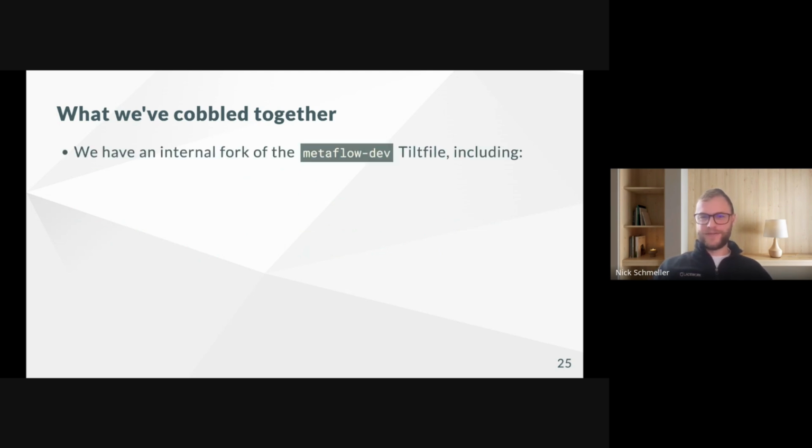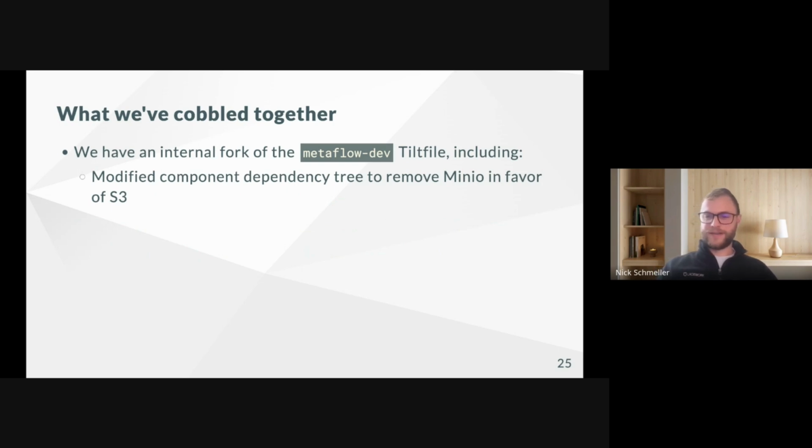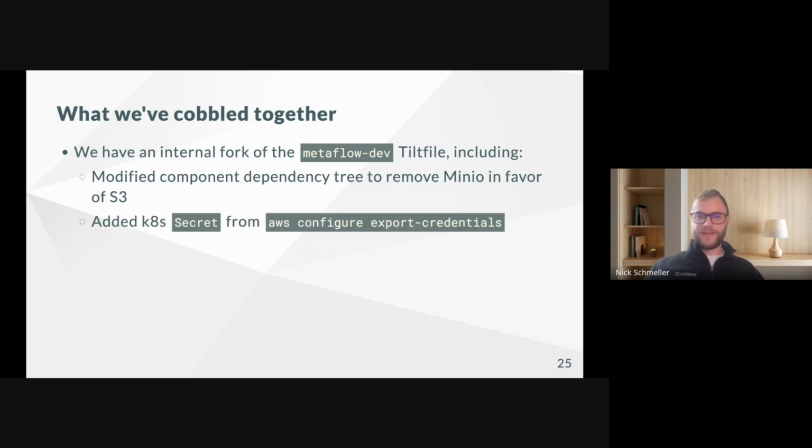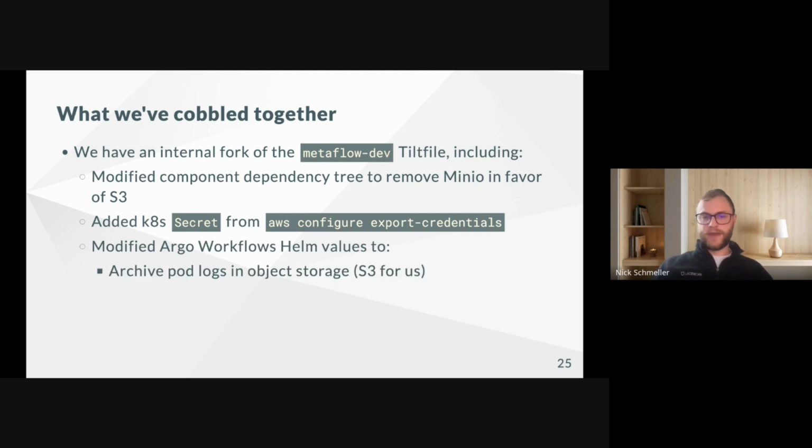In terms of development, we have upgraded the tilt file to make it more like a bionic super thing. We're using S3 instead of Minio, and we're using our AWS credentials from our development setup. And then we've passed in some Helm values for our workflows to do things like archiving pod logs, and garbage collecting all pods is also really important for us because we quickly accumulate hundreds of pods.